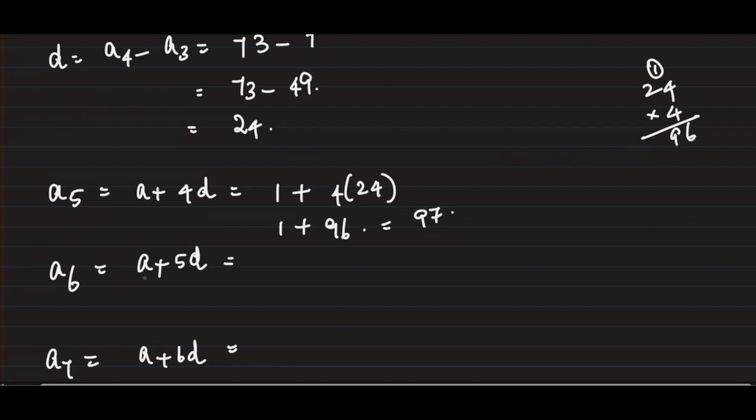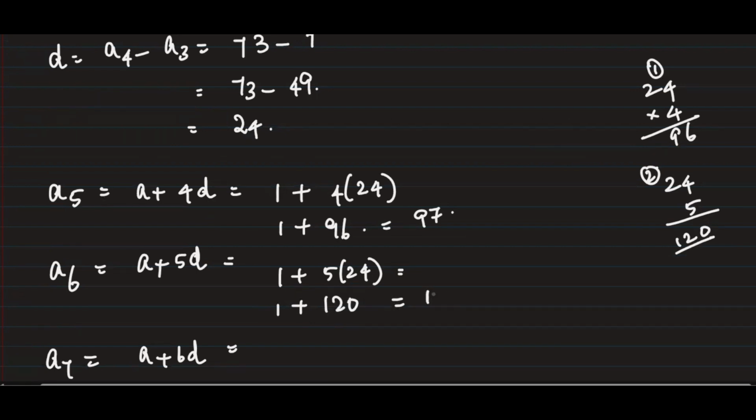Now, what is A6? A plus 5D. So what is A again? 1 plus 5 into 24, which is equal to 1 plus 5 into 24. So 24 into 5 now. 20, carry 2, then 10, then 12. Okay, so 120. So 1 plus 120 will become 121.